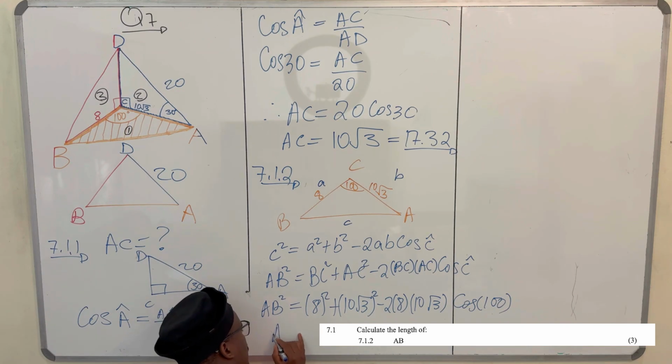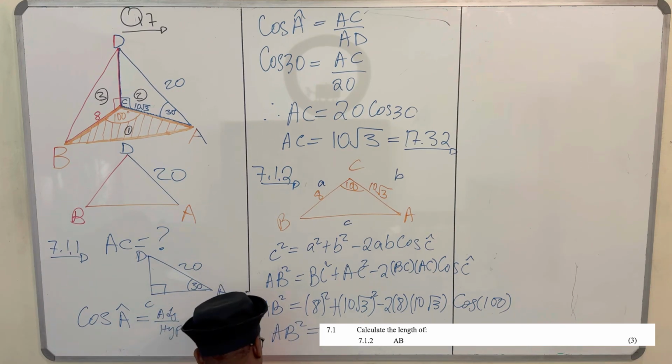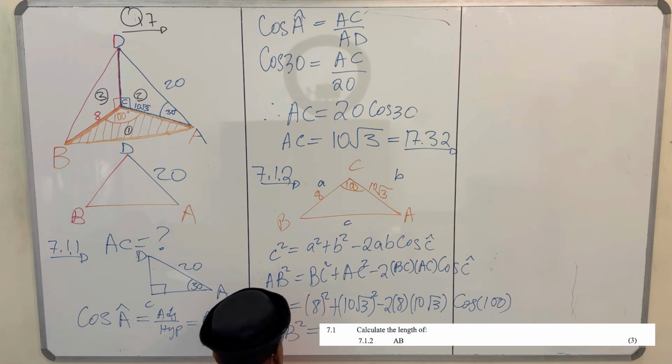Therefore, your AB squared is equal to the answer to this thing. Let's punch it straightforward. So it's 8 all squared plus 10 root 3 all squared, right? Minus 2 into 8 times 10 root 3 cosine of 100 degrees.